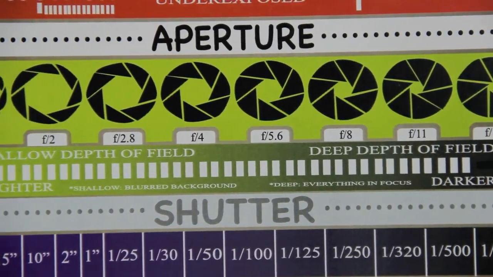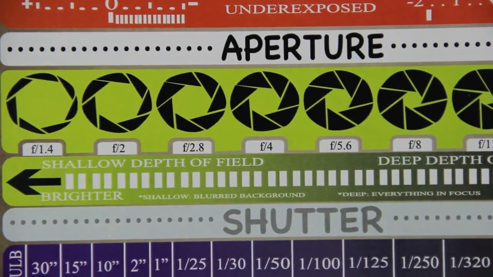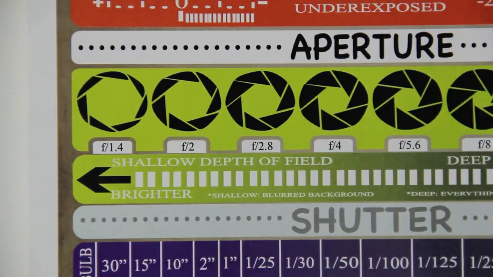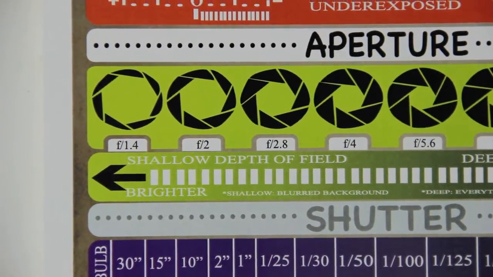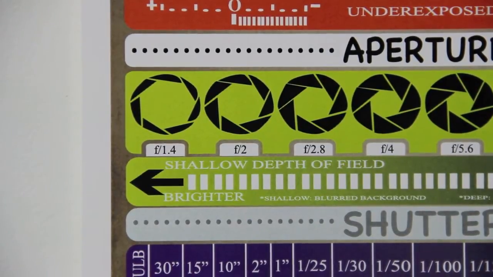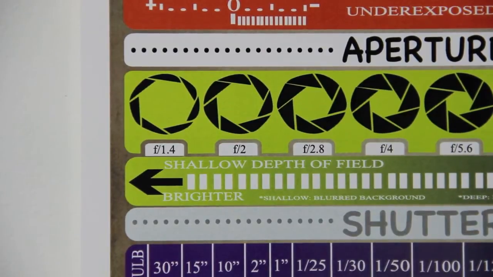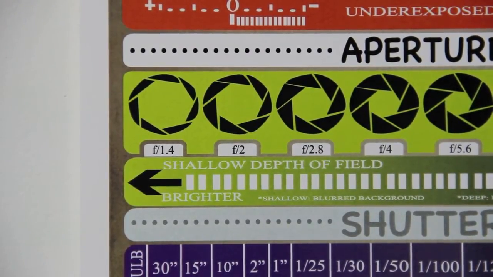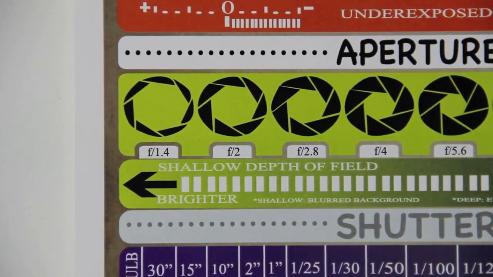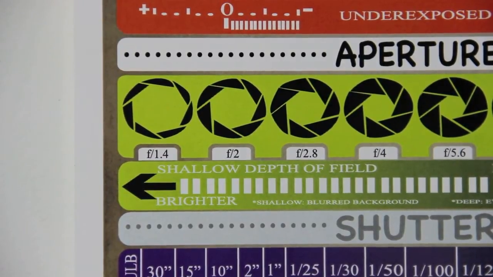Now, for those of you who like that bokeh effect, shooting on a typical standard zoom lens, or even if you are shooting on a prime lens, this affects you as well. The larger your aperture, the shallower the depth of field, the more light, the more blurred the background is with a lower aperture setting like f1.4.